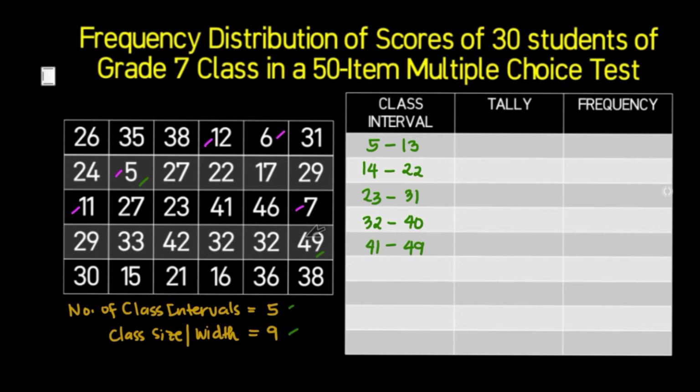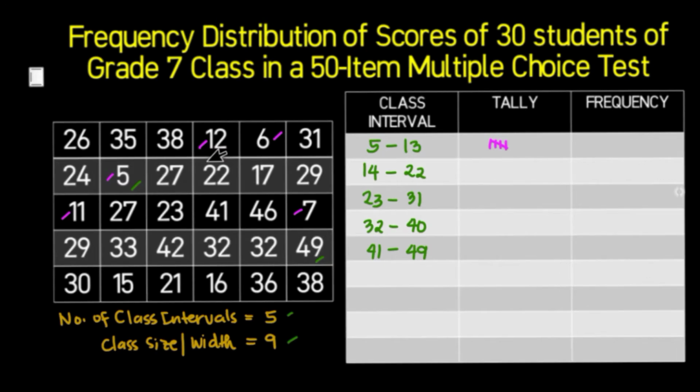Yan. So, ilan lang? 1, 2, 3, 4, 5. So, 5 lang po. So, para matali yan, ganito pa yung gagawin natin. So, 1, 2, 3, 4, 5. Yan, ganyan po. Ang next naman po ay 14 to 22.